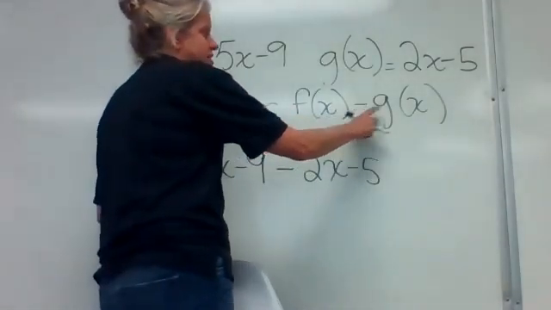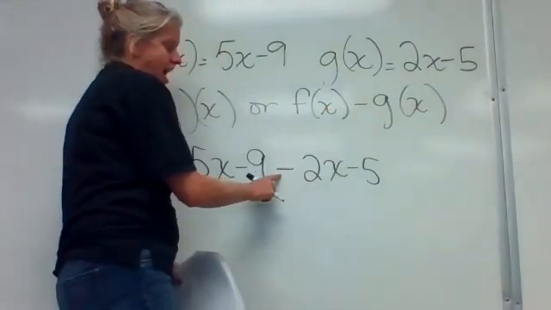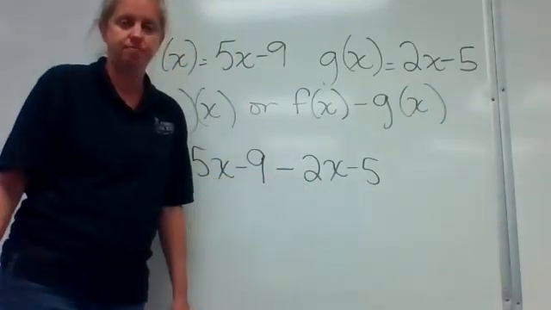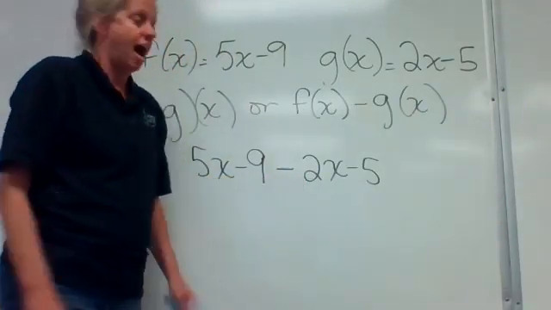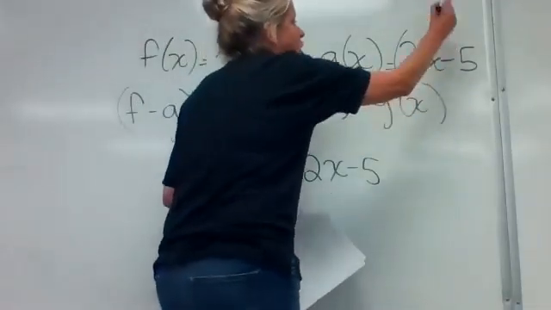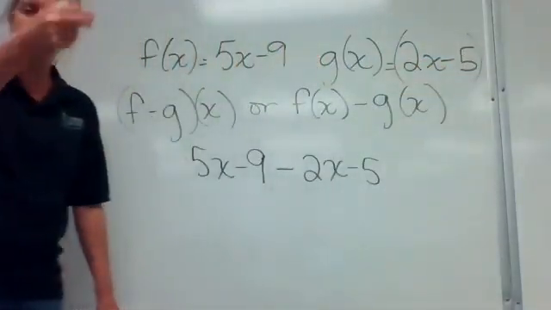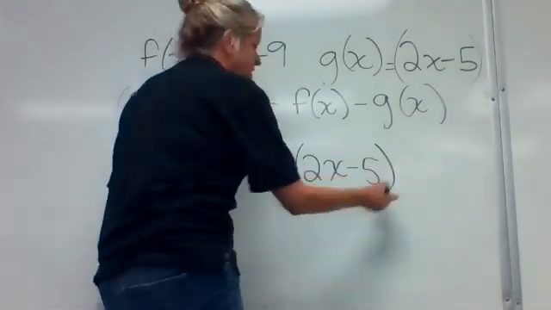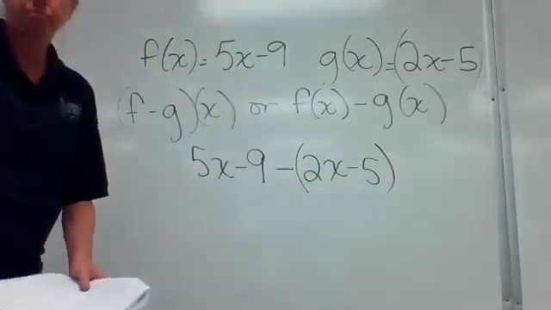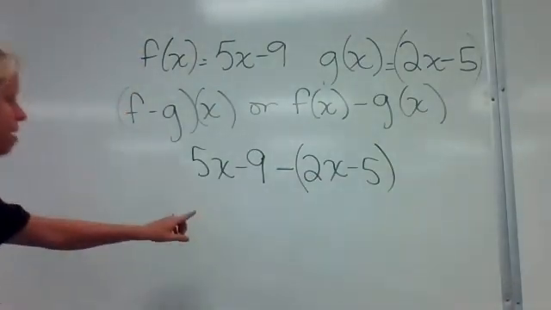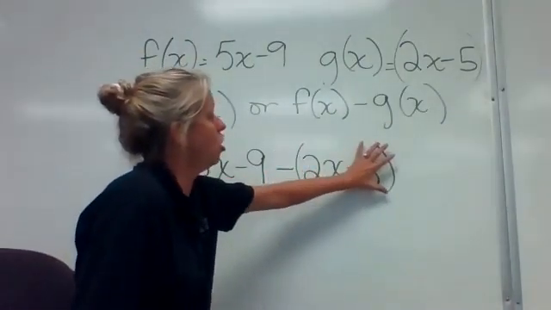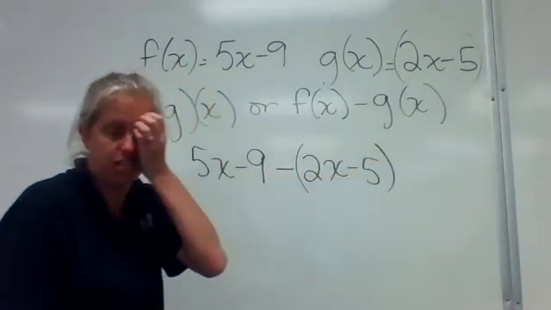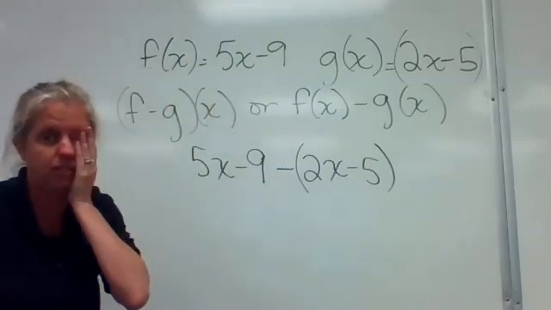This tells me instead of subtracting this whole function, I'm just subtracting 2x. I want to subtract that whole function, not just the first part of it, the whole thing. So I need to put parentheses around that. This tells me I'm going to subtract the whole g of x function instead of just the first part of it.